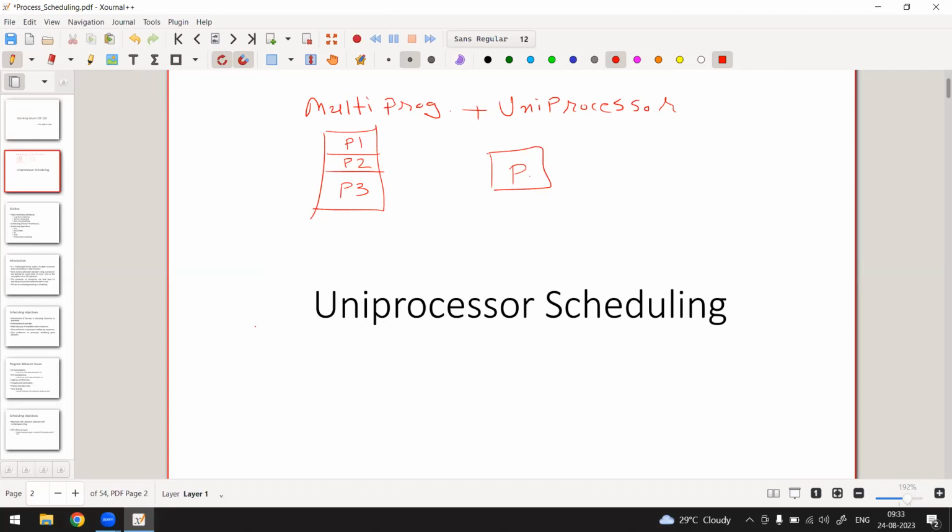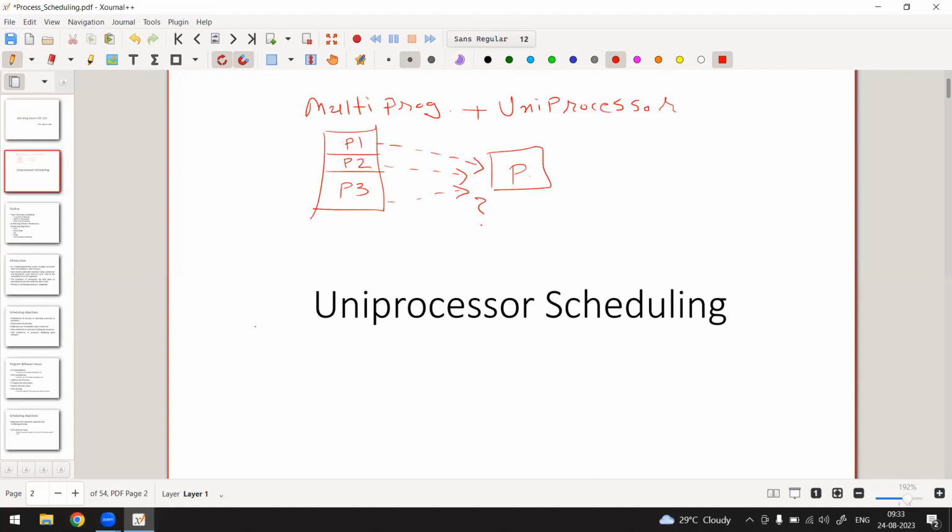So your question is that out of all these ready processes that you see in the main memory, which process you should schedule on the processor and in which manner it should be done.